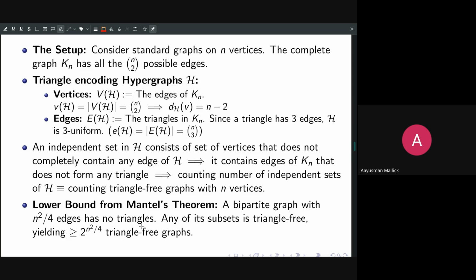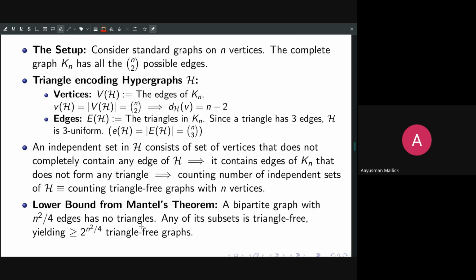As Mantel's theorem contains n squared by 4 edges at most, with no triangles and any of its subsets triangle free, we can say that in the hypergraph at least n squared by 4 vertices are present, from which any of their subsets will always form an independent set.